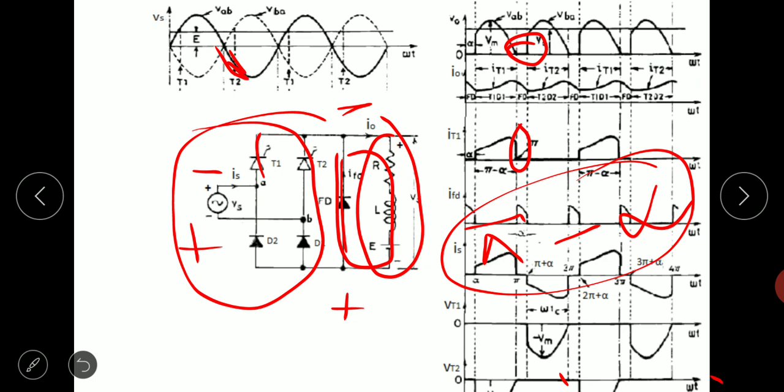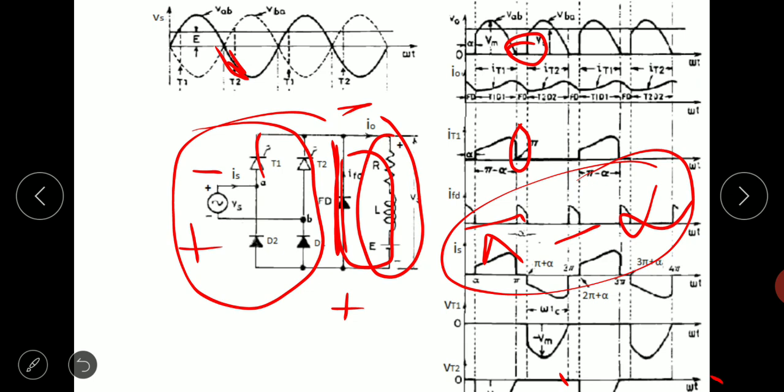The thyristor will have more circuit time if we use a freewheeling diode, because T1 is getting commutated at an earlier angle. Without the freewheeling diode, T1 was commutated at pi plus alpha, and with the freewheeling diode, it is commutated at pi only. The same will be true for thyristor T2 also.